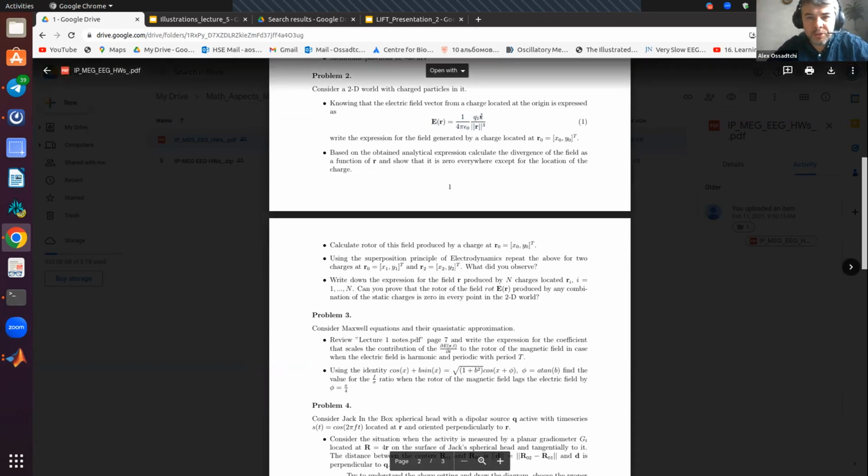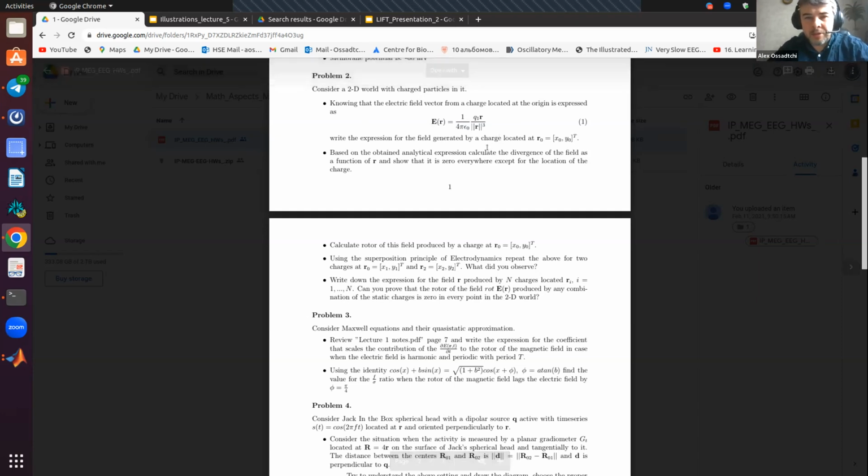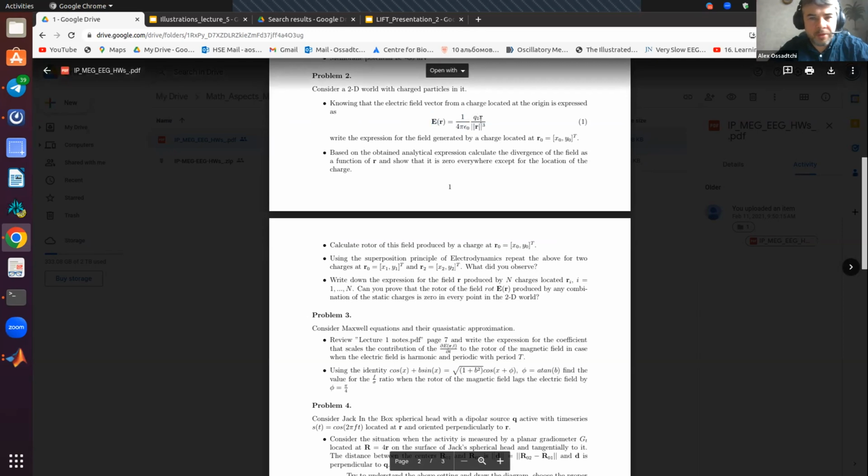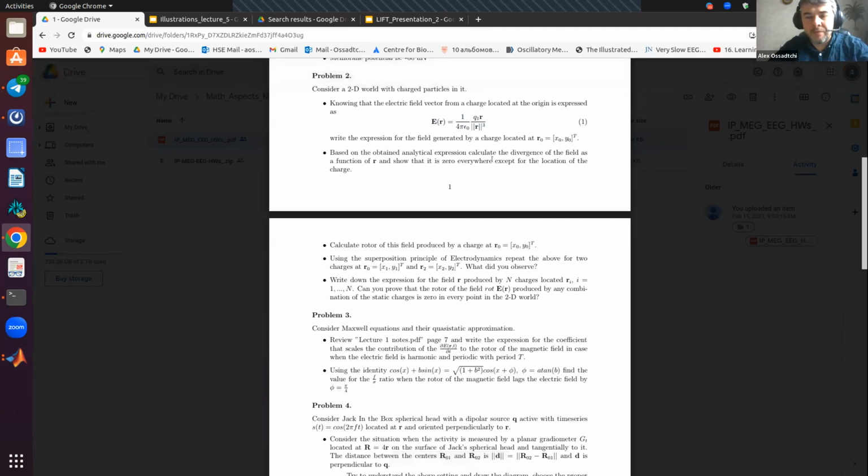So you have to just expand this as Rx, Ry, and then take the derivative. You can use any analytical software for this. You can use Mathematica, or you can use a symbolic toolbox in MATLAB to take the derivative, but you have to tell it what kind of derivatives you are taking.